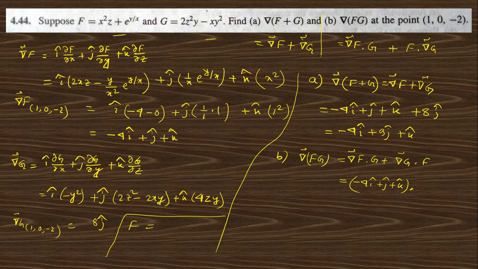If we put (1, 0, -2), 1 minus 2 is -2, and e to the 0 is 1, so this is -1. And for g, if we put (1, 0, -2), this is 0, so g is 0. Since g is 0, this will become 0, and grad g is nothing but 8 j cap, and what is the value of f, which is -1, so this will become -8 j cap. Okay, this is the answer of this question. Go to the next question.